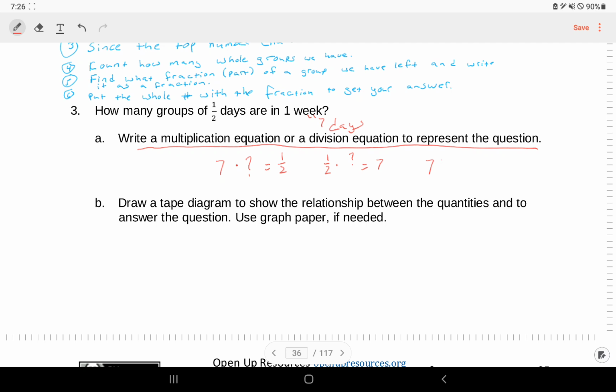Or 7 divided by 1/2 equals question mark. These are the two best answers, and these will give you the same answer.